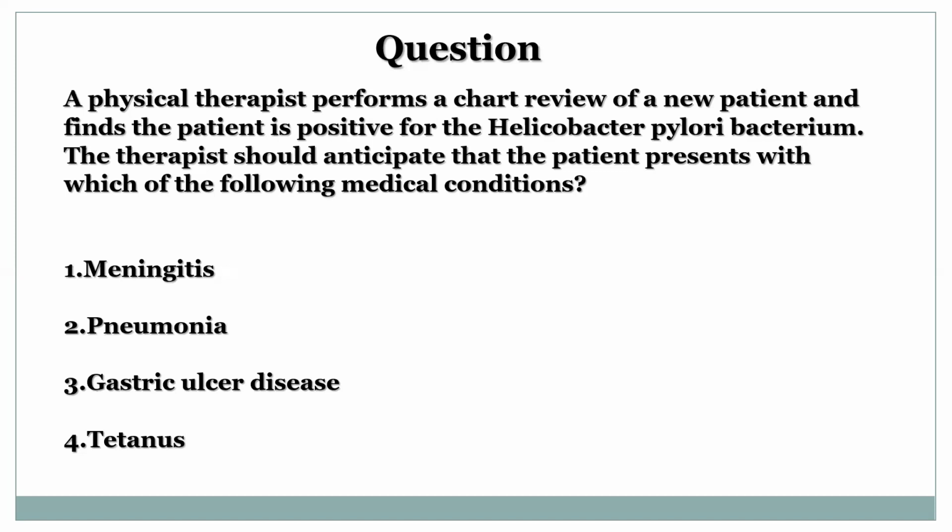Pneumonia is inflammation of the lungs due to bacterial, viral, fungal, or parasitic infection. The most common cause of community acquired pneumonia is Streptococcus pneumoniae, which is a gram-positive bacteria.